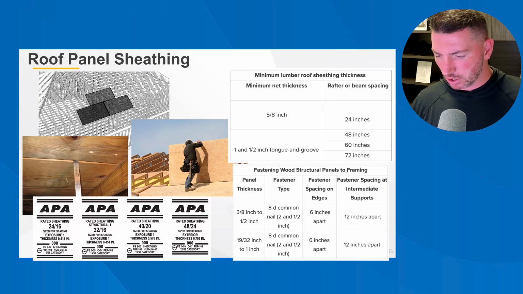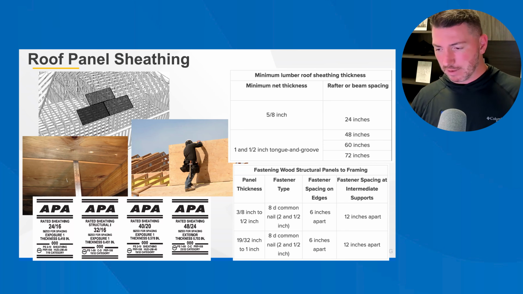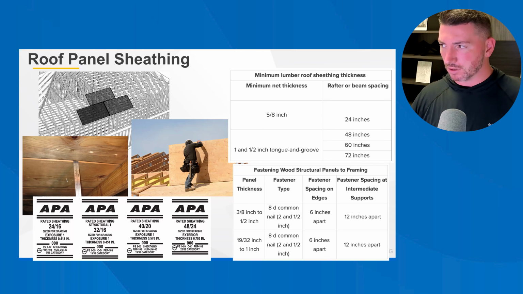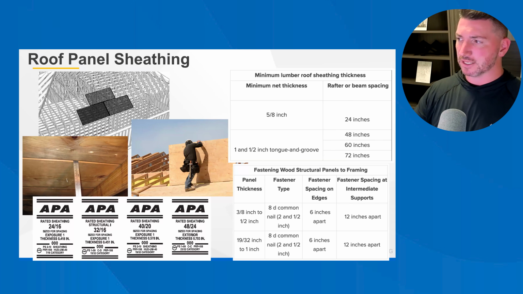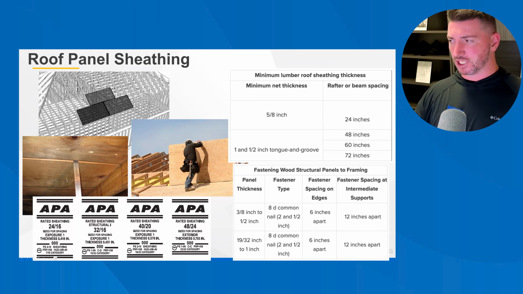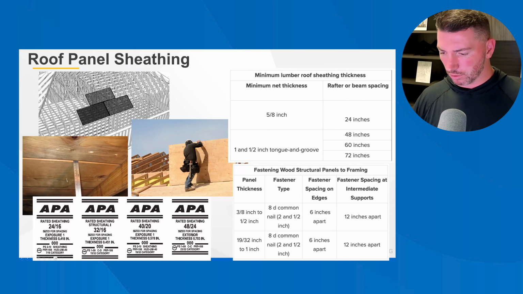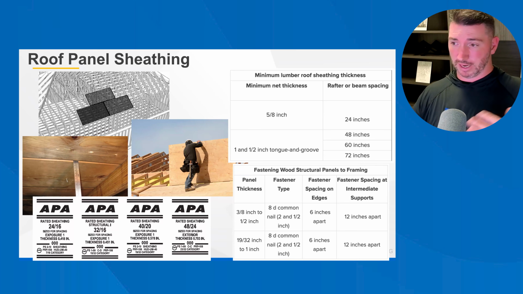You have all these things on the APA label, and you can look those things up if you're so fascinated to do so. But just know that there's a minimum lumber roof sheathing thickness, a minimum net thickness, and then there's the spacing for the rafters, the beams that they're installed on top of. You're not going to see these APA ratings on the plywood more than likely, because usually they put those ratings up.